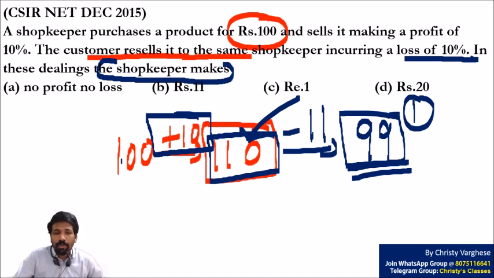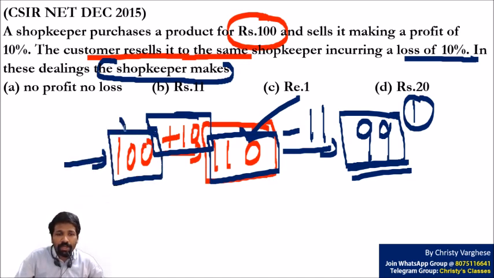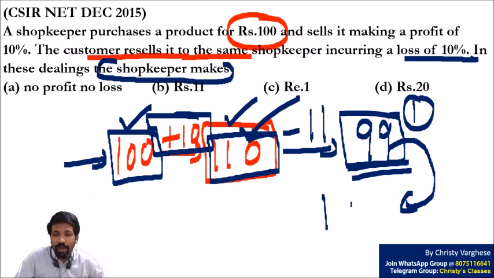Why 1 rupee? Because normally he gets a product at 100 rupees and sells it at 110 rupees. Now he is getting the product at 99 rupees, and he can sell it to another customer at 110 rupees. That means instead of 100 he is getting it at 99 rupees, so 1 more rupee he is saving.